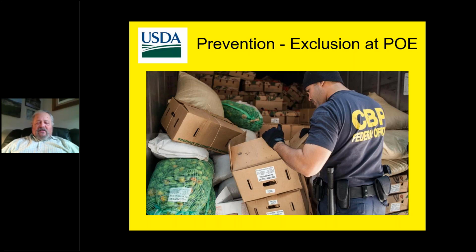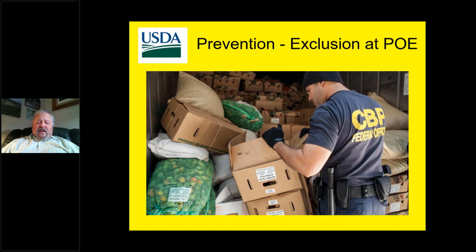As mentioned with the steel slab example, the Department of Homeland Security, Customs and Border Protection, or CBP, they're the ones who inspect shipping containers and other things, of course, that come in on various conveyances, whether they're ships, planes, etc. And so that kind of prevention through at port arrival inspections and so on has a lot to do with managing that particular pathway, because if something is found at a port of entry and it's recognized and identified as being a pest of concern, there are a number of methods that can be employed with that particular cargo.